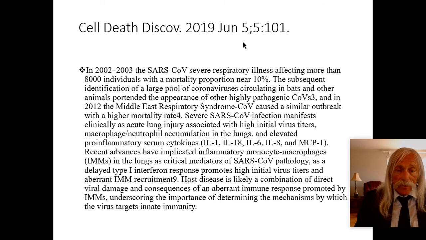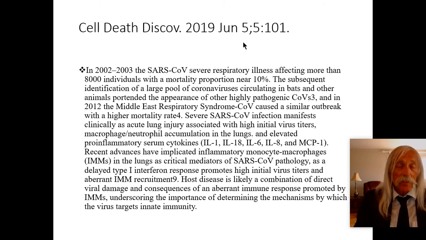Macrophage, neutrophils, or innate immune responses, accumulation in the lungs, elevated pro-inflammatory cytokines, interleukin 1, 18, 6, 8, the MCP1. These are all very powerful pro-inflammatory agents. Recent advances have implicated the inflammatory monocyte macrophages, so the IMMs.